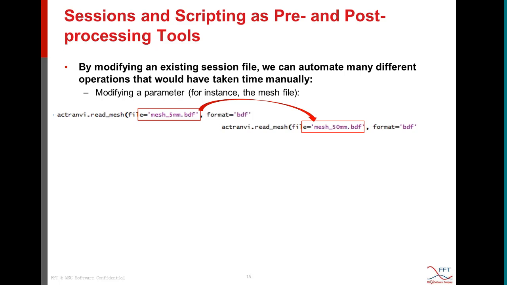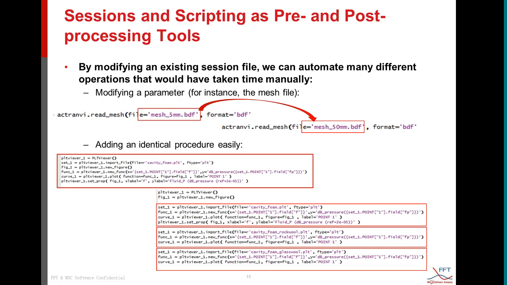A typical example here is to modify the parameter in an existing session file to reproduce the process, but with a slightly different input file, and this without having to perform all other operations. In this example, the mesh file supporting a computation can be modified just by changing the mesh file name within this session.